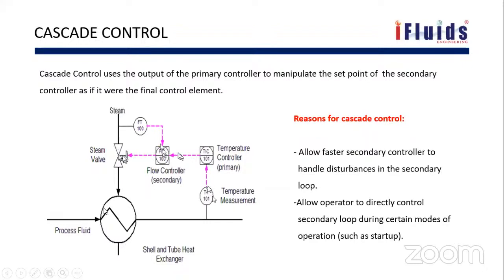But here it is clearly sensed and we know how much steam has to be given, and the action will be much faster, because this steam flow is also sensed. If there is any disturbance in steam flow also, this steam valve will take action, because this controller has already given input to this controller. So this way we'll have much better control over the process.